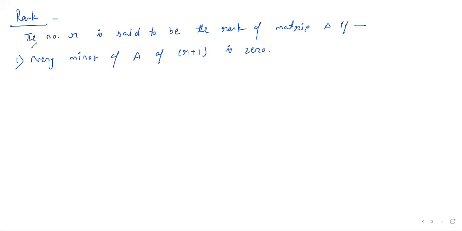So in the first condition we have said that the number r is said to be the rank of this matrix A if every minor of A of order r plus 1 is 0.